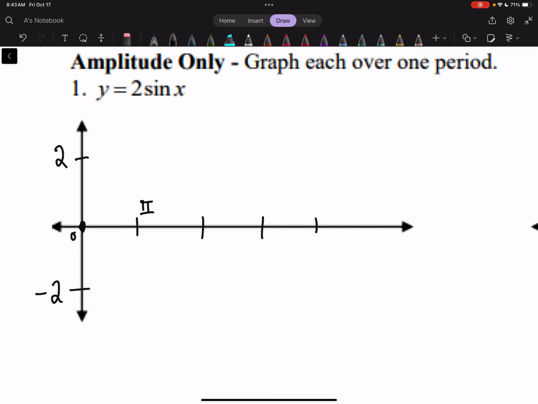Pi over 2, pi, 3 pi over 2, and lastly, 2 pi. 0 to my maximum, back to 0, back to minimum, back to maximum, or back to midline. There is my graph for 2 sine of x.